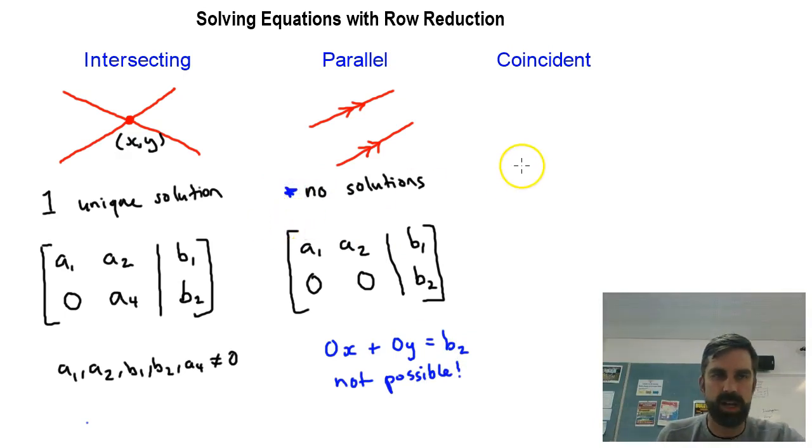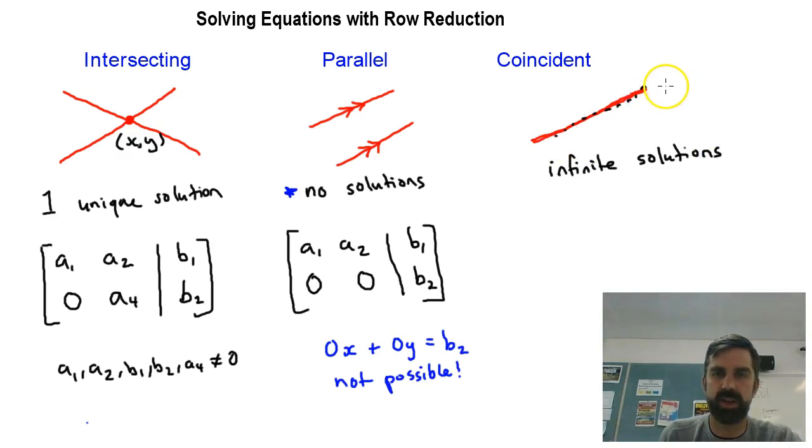So that tells us that there are no solutions. Now the final possibility is what we call coincident lines. That's kind of like parallel, but the 2 lines lie exactly on top of each other. In terms of solving for the points of intersection, this means that there are infinite solutions, because no matter where you go on these 2 lines, that will be a solution.